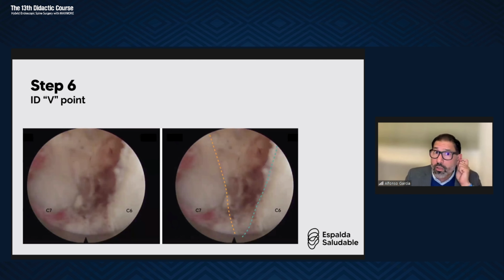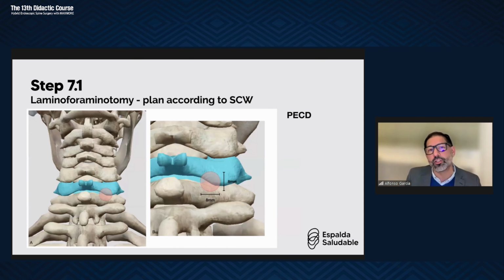So once you're there, you remove a little bit of soft tissue, and you get to bone. You identify the inferior edge of the superior lamina, the superior edge of the inferior lamina, the V point, and then you start drilling. If you're going to do just a single side, single level laminoforaminotomy, you drill about an 8 millimeter drill hole, depending on the type of laminotomy you're going to do.